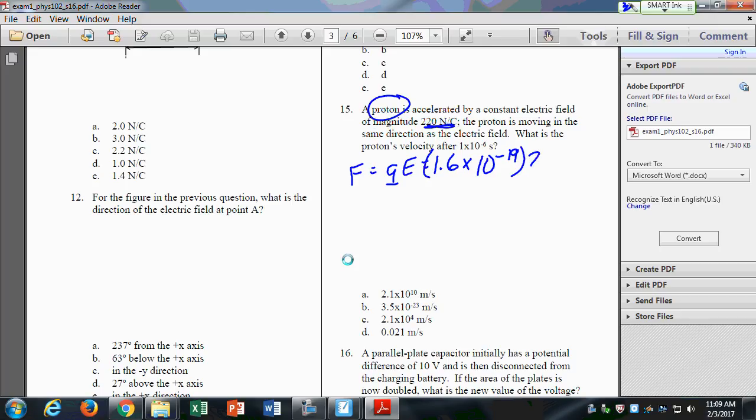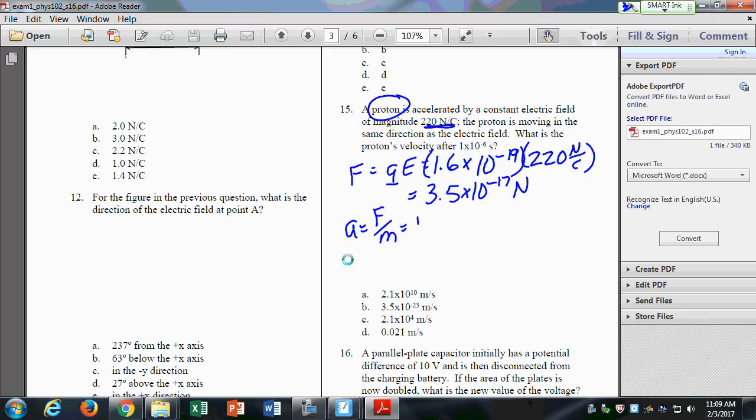The electric field is 220 newtons per Coulomb. So that gives me a force of 3.5 times 10 to the minus 17 newtons. And then I need to know its acceleration.